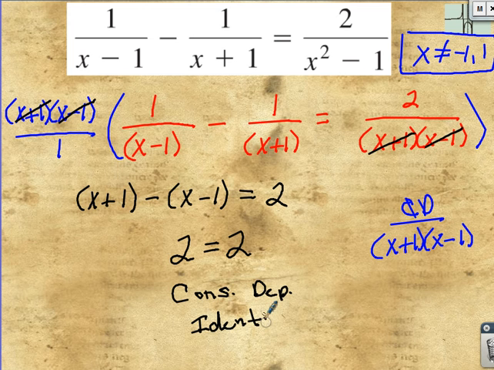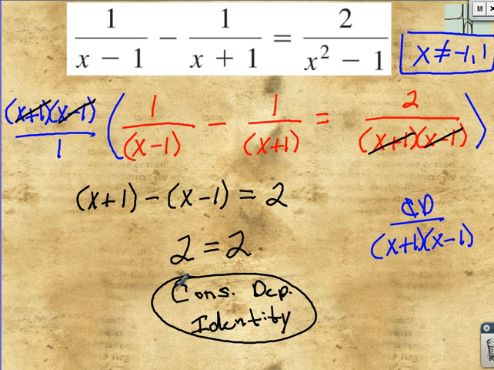This is always true. So what's an answer? Everything. Plug in 5. You get 1/4 minus 1/6 equals 2 over 24. 1/12. If you subtract that out, I promise it's true.